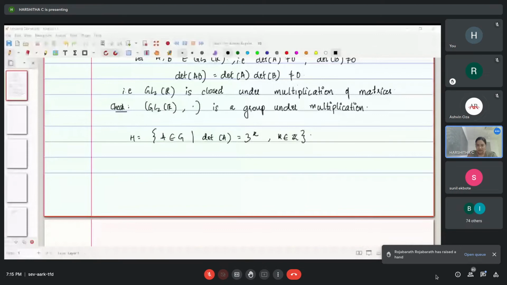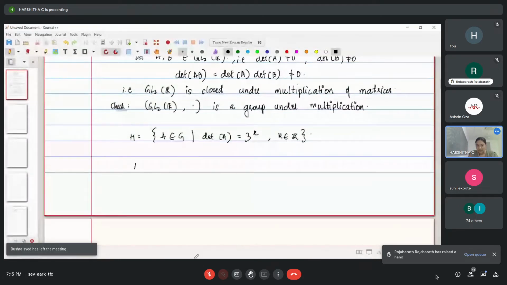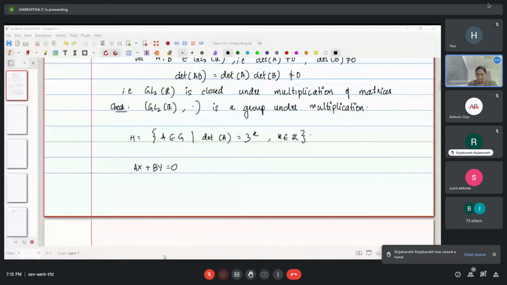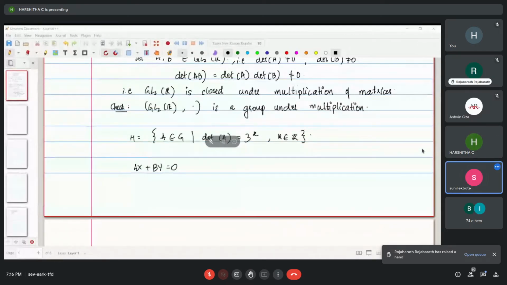Anybody wants to attempt? What are your A, B here?